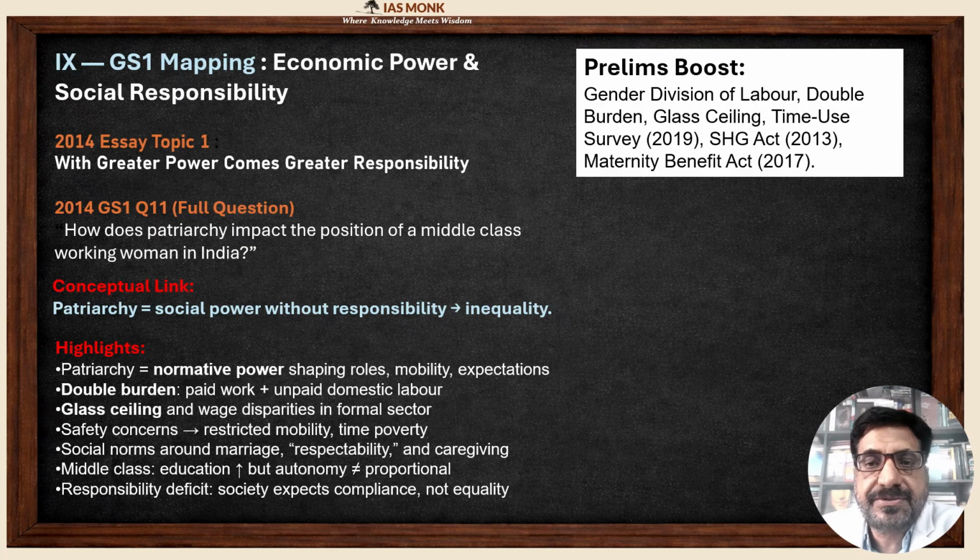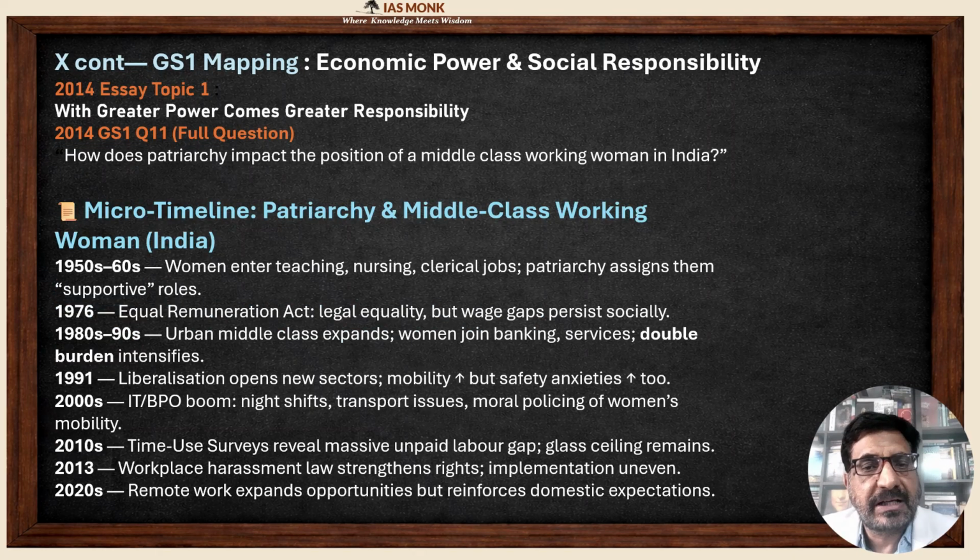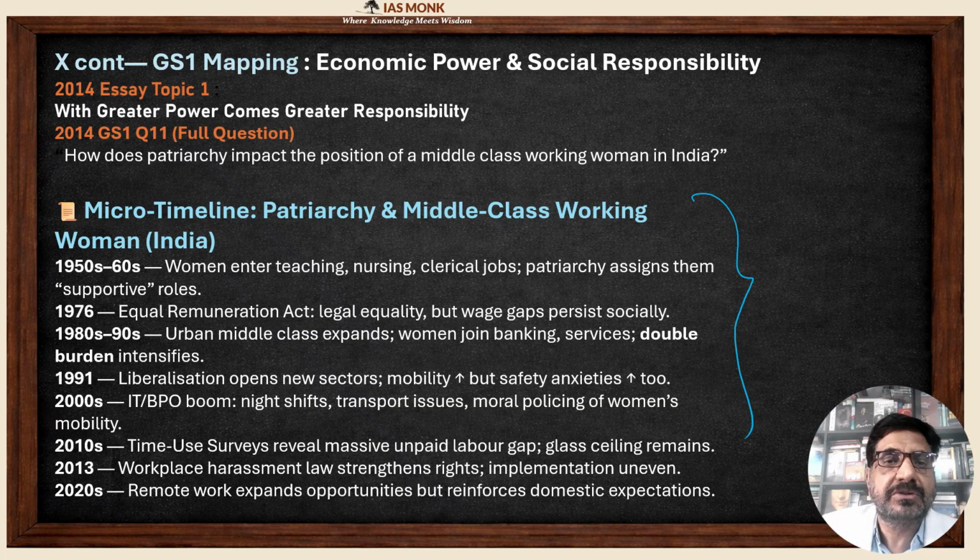All these things, SHG Act, then Maternity Benefit Act, all those things. Please look into those things for your prelims preparation. Again here is a micro timeline for patriarchy and middle class working women in India, covering what happened from the 1950s, 60s, to the 2020s. Please go through this timeline, which will give you a clearer idea about this topic.